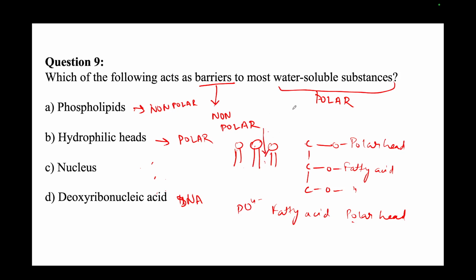They need certain helper proteins, the membrane proteins that we were seeing. Those membrane proteins help these substances pass through the phospholipid membrane. They cannot cross the membrane on their own. This is clear? So the correct answer is option A. Phospholipids act as a barrier to most water soluble substances.